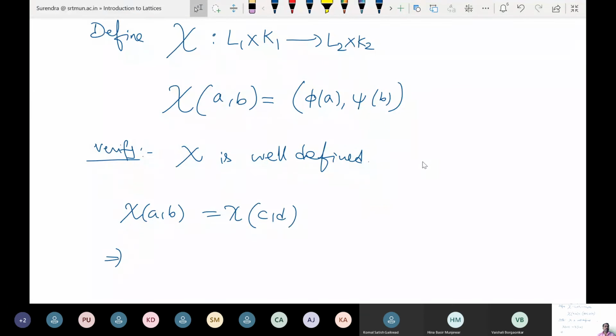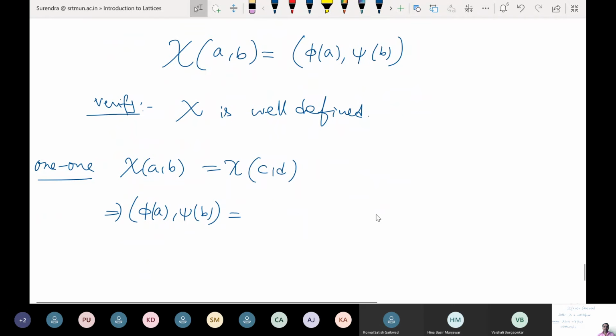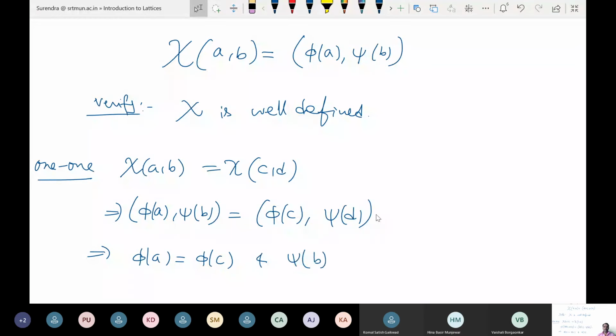This implies phi of A, psi of B, which is equal to, for one-one we are proving, chi of (C, D), that means phi of C, psi of D. But this is the same as saying that phi of A is equal to phi of C, and psi of B is equal to psi of D.